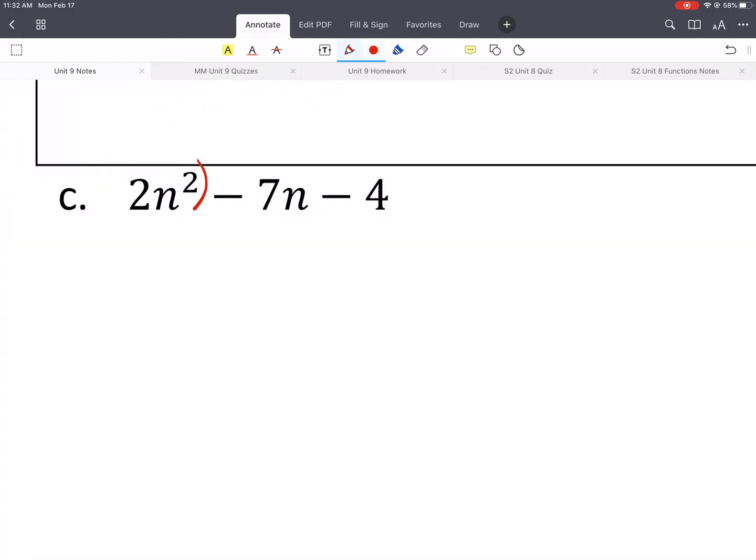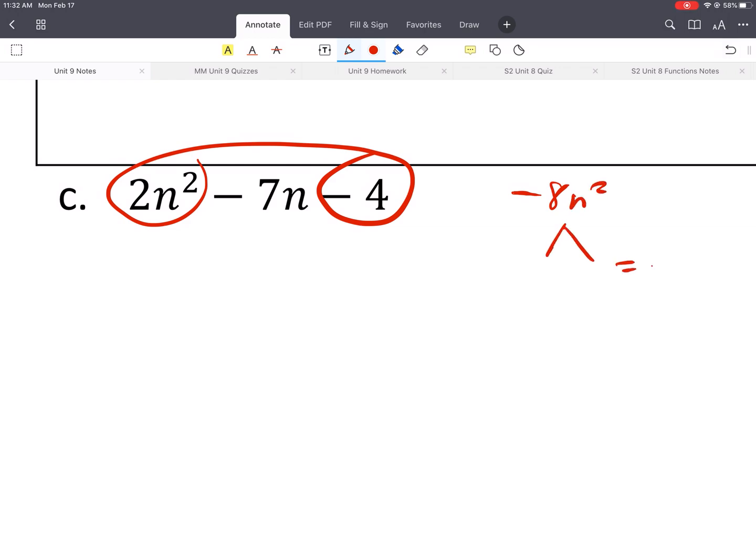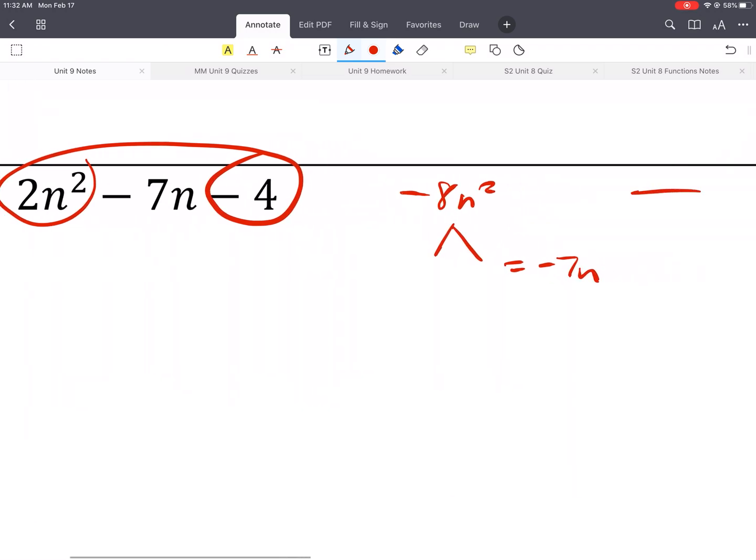All right, so first thing we do glasses. That gives us negative 8n squared, and they want to add up to give us a negative 7n. So we could do factor pairs for 8, which would be 1 and 8, 2 and 4.